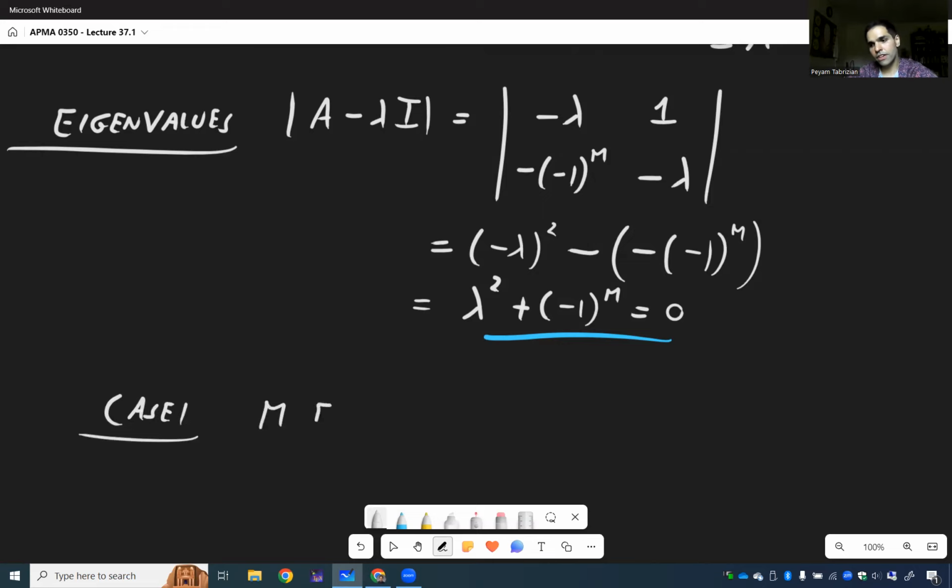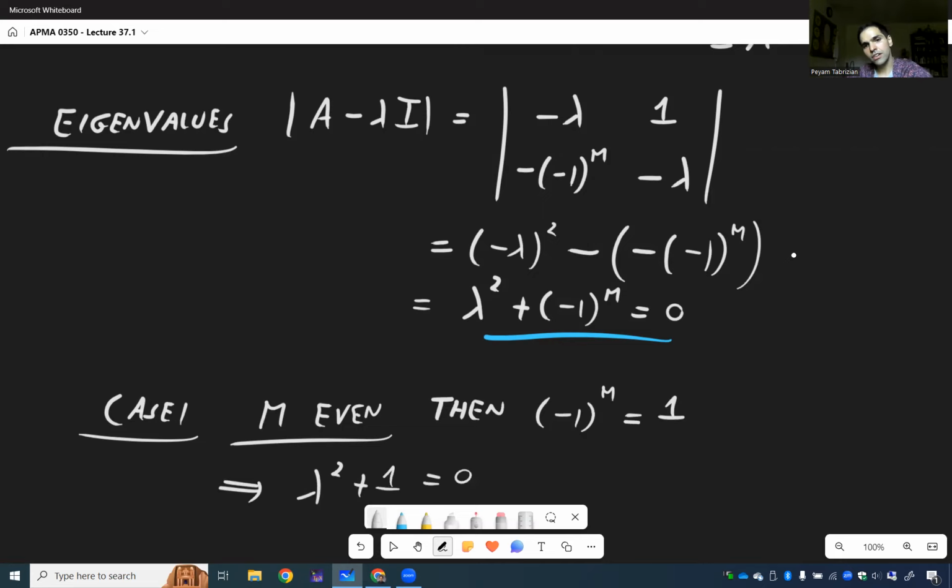So let's do m even. In that case, minus 1 to the m is 1, think minus 1 squared is 1. And then we get lambda squared plus 1 equals 0, and that gives you lambda is plus or minus i.